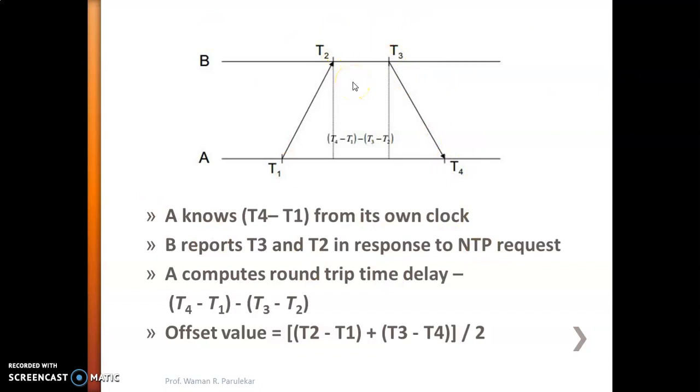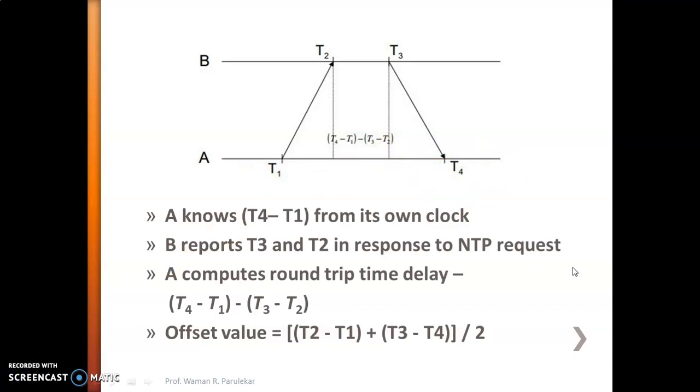You subtract T1 from T2, then you add T3 minus T4, and then you divide the sum by 2. Then you will get the offset value, and as per the offset value you are going to synchronize the clock at T4, that means at the client side.